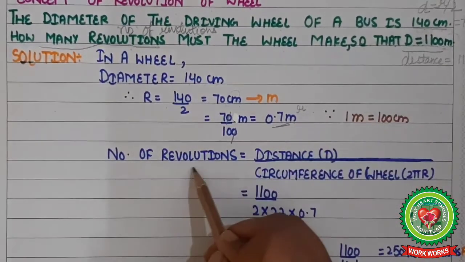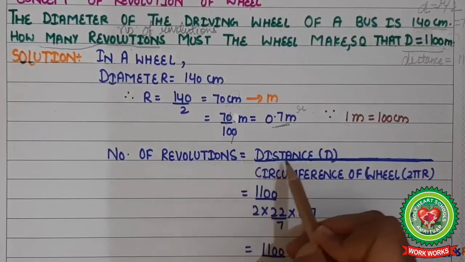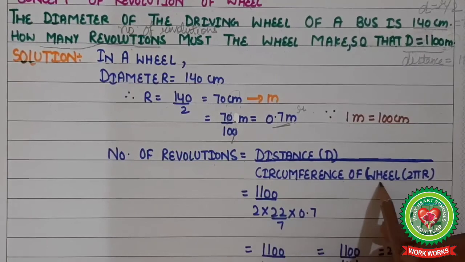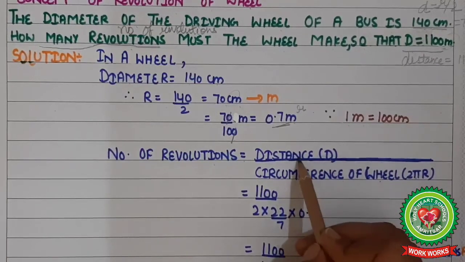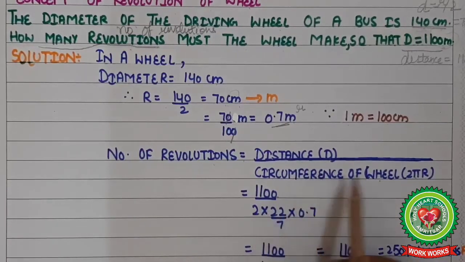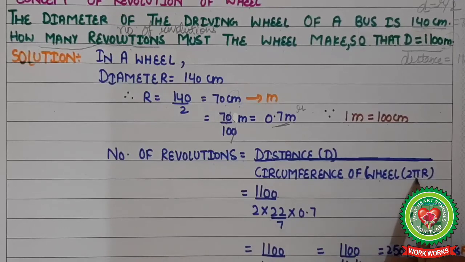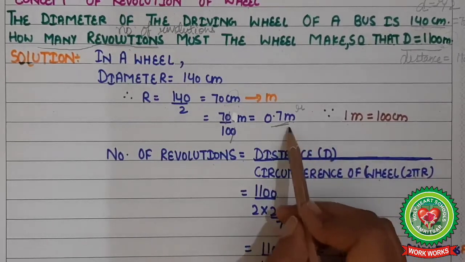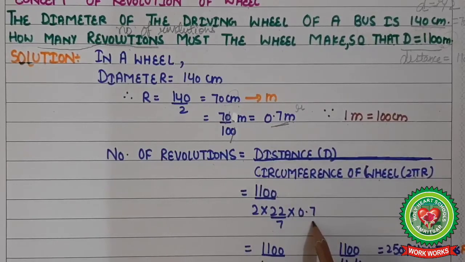Now formula of number of revolutions is equals to distance, that is d, upon circumference of wheel, which is equals to 2 pi r. Now put the value of distance, that is 1100, upon 2 multiplied by 22 upon 7, value of pi, into r, that is 0.7.